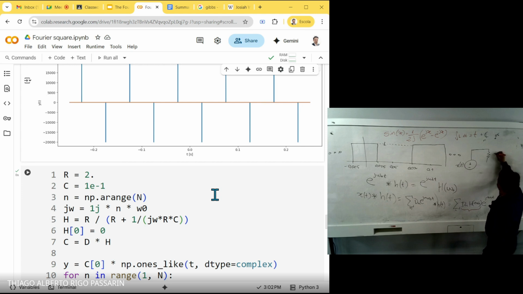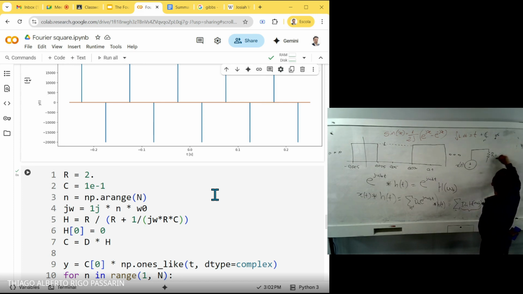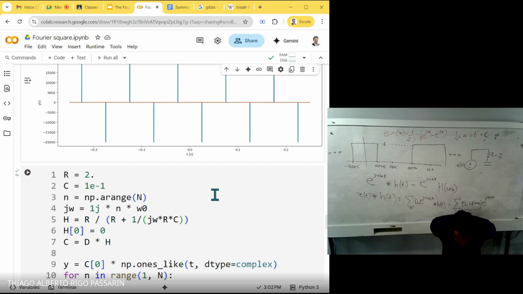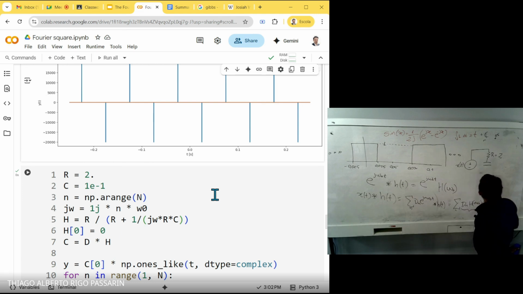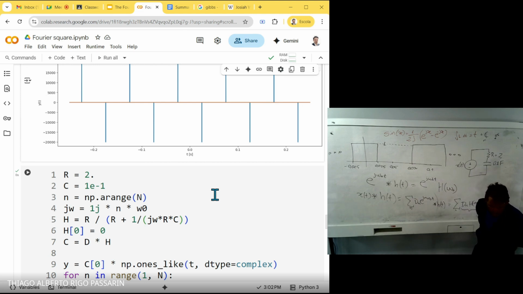Then I have a resistance of 2 ohms, a capacitance of 0.1 farad, and the output is defined as the voltage over the resistor. This is the output.